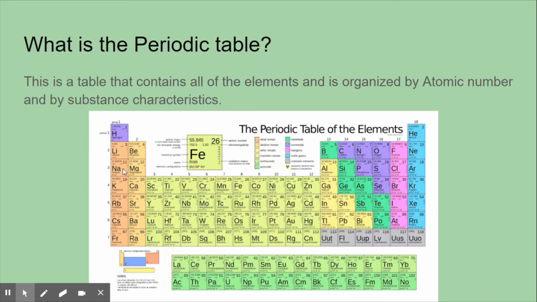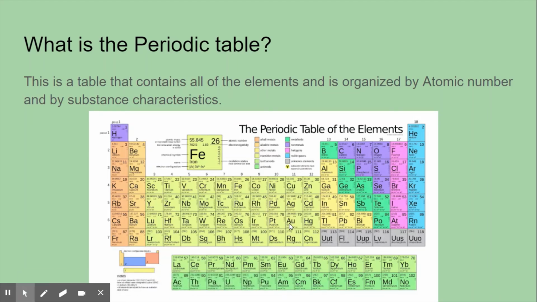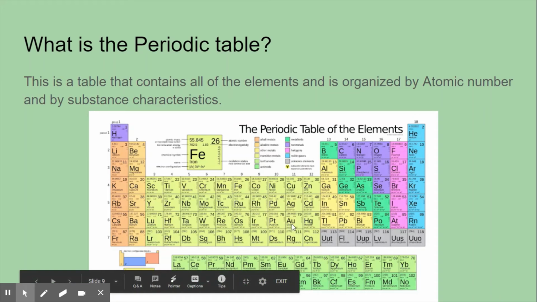We just call it sodium in English. Same with gold. Gold is number 79, and the symbol is Au, because the original name of gold was aurum, and so the symbol is Au after the original name. We just call it gold in English.